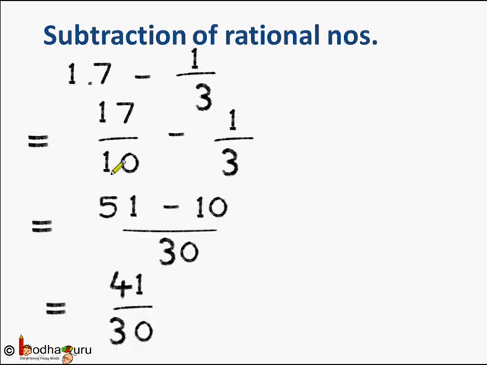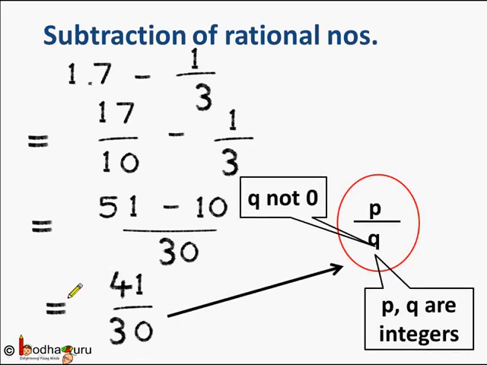Taking out LCM, we get 30, and 17 3s are 51, and here we get 10 1s are 10. So 51 minus 10, and we get the answer as 41 divided by 30.